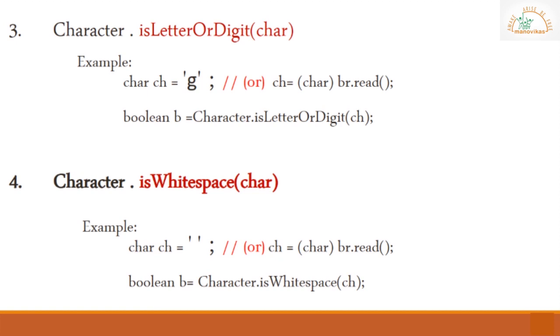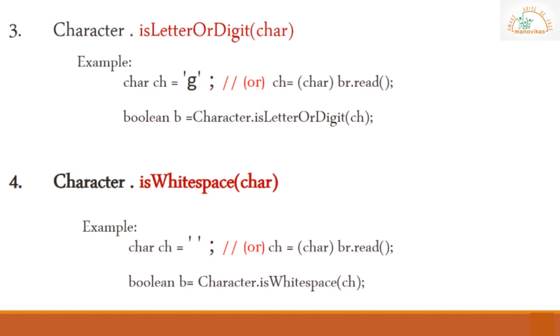So in my next line, boolean B is equal to Character.isLetterOrDigit of CH, where CH is holding the value G. In this case, what will be my result? My result will be true because G is a letter.